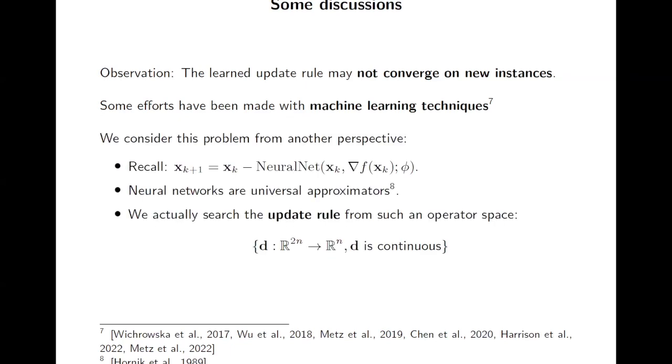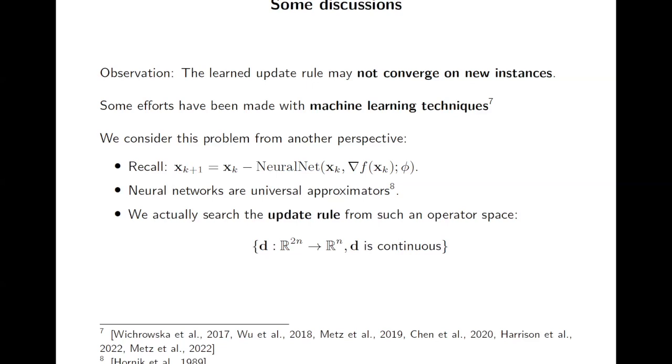So we understand this issue from another perspective. Let's recall the formula here. This is a neural network, and as we know, neural networks are universal approximators. Given a continuous function, there is a neural network with proper parameters that is as close as possible to the given continuous operator.